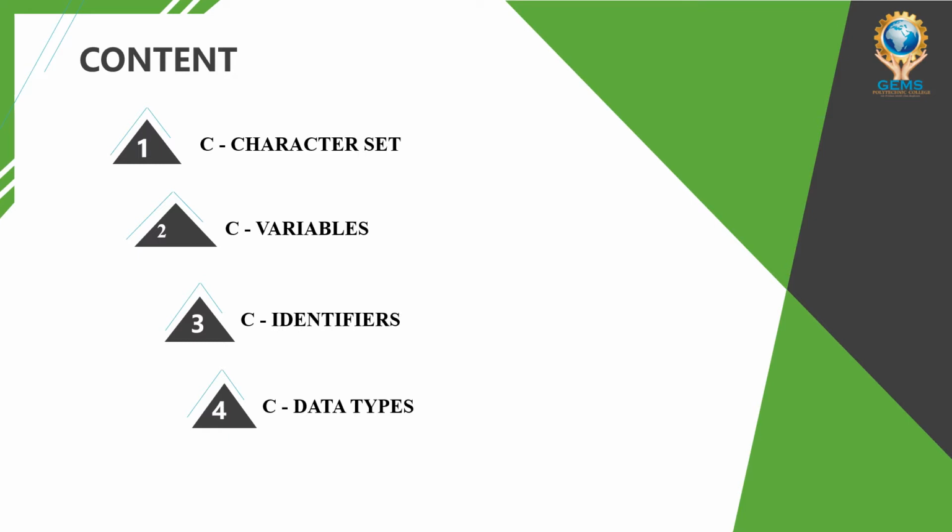Dear student, I am preparing this video based on the State Board of Technical Education syllabus for diploma students. According to the syllabus given by the SBTE, first we are going to see character set, variables, identifiers, and data types in C programming.